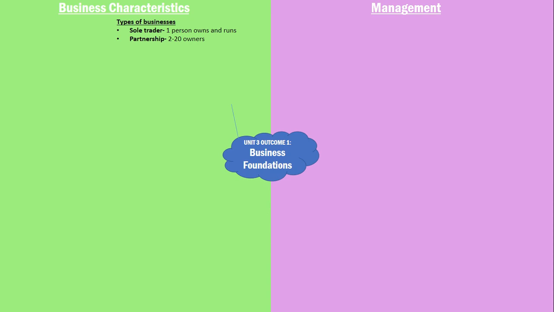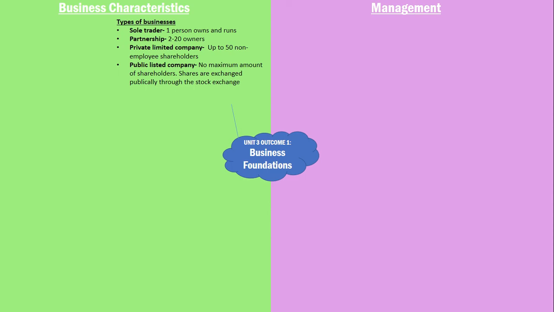A business can then change to a company. And they do this by going through incorporation, where the business is no longer tied to the owners. It becomes its own legal entity. And the most common type of company is a private limited company, where people can buy and sell shares in the company privately.